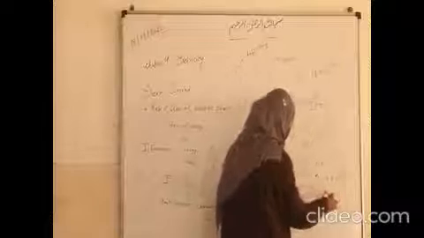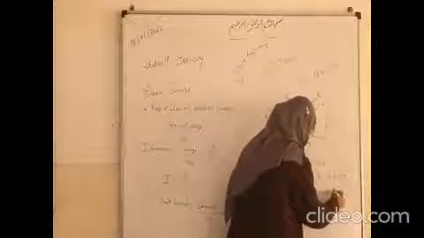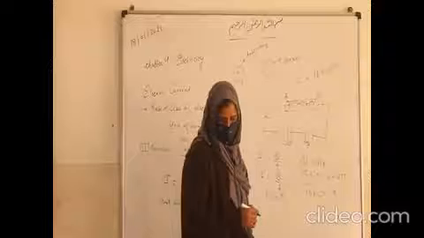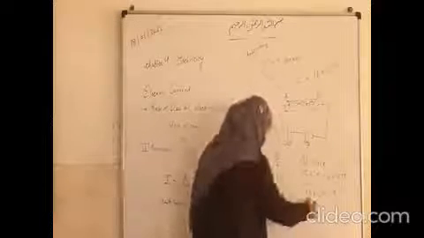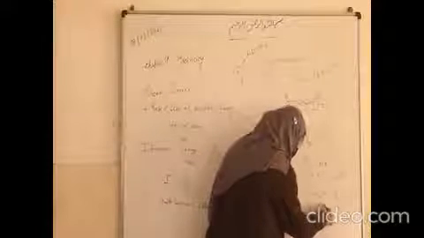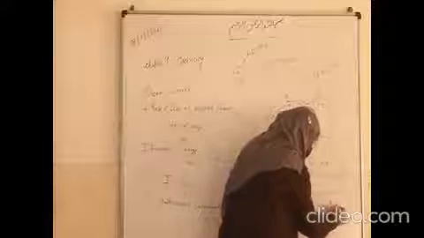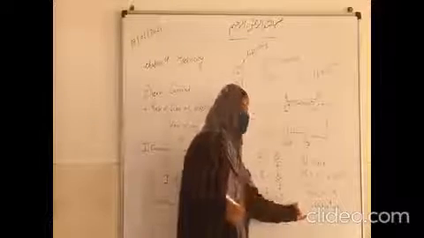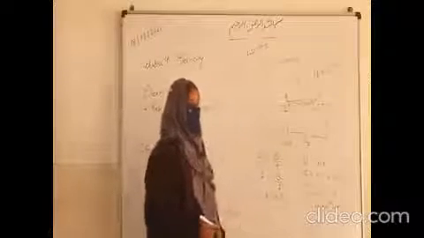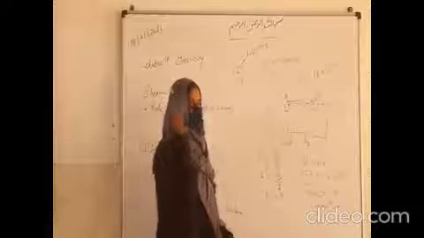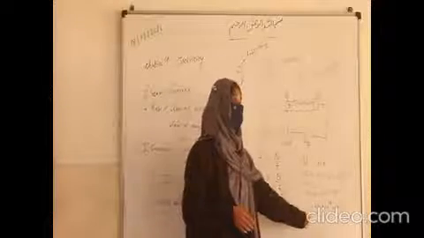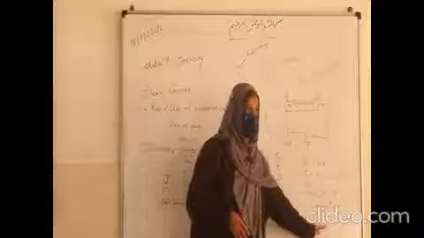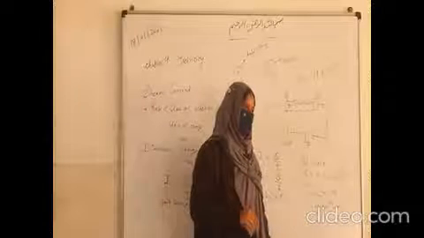When you solve this, you will get the value 6.25 into 10 raised to power positive 18. So in 1 coulomb charge, this many electrons are there. If we are saying the flow of charge is 1 coulomb, it means 6.25 into 10 raised to power 18 electrons are moving.